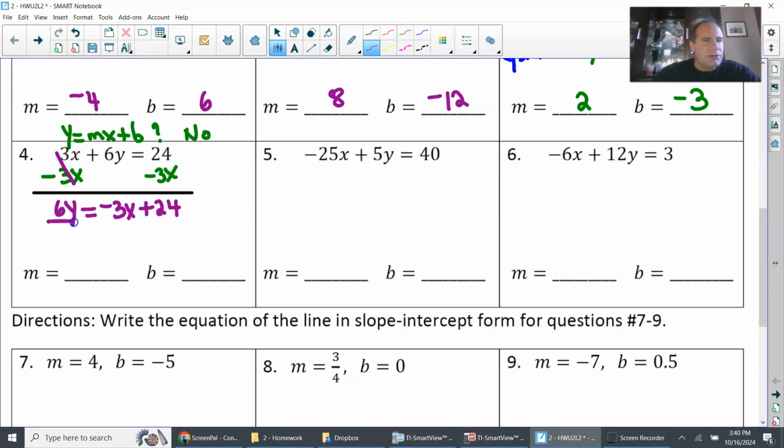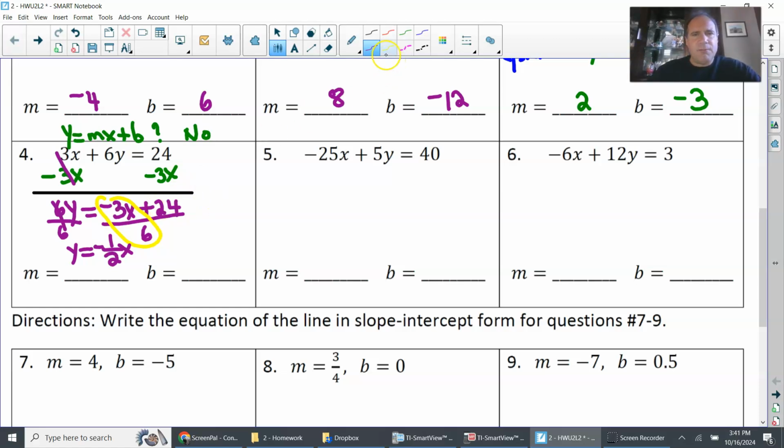The next thing that you do, since this is multiplication, you're dividing by 6 on both sides. Since you're dividing by 6 on both sides, now you have negative 3 over 6. So I'm going to go and put y equals negative 1/2 x, because negative 3 over 6, you keep the fraction, negative 3 over 6 is negative 1/2.